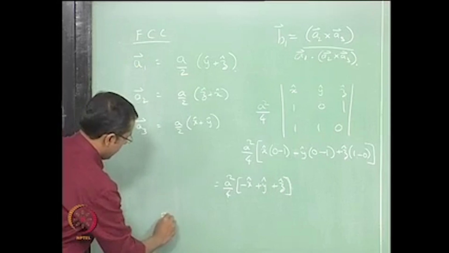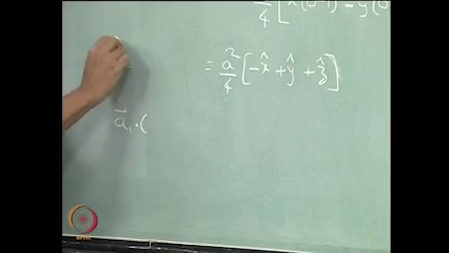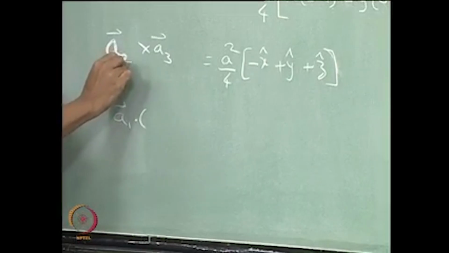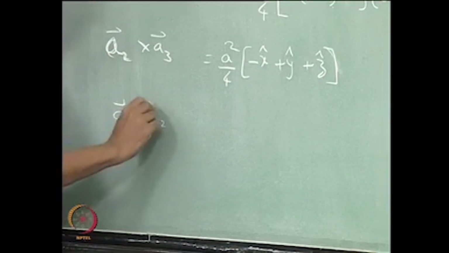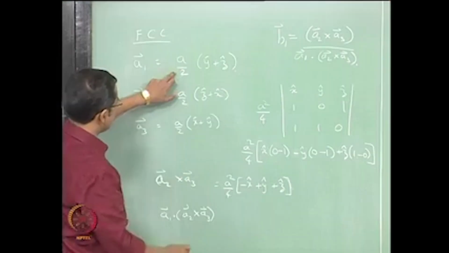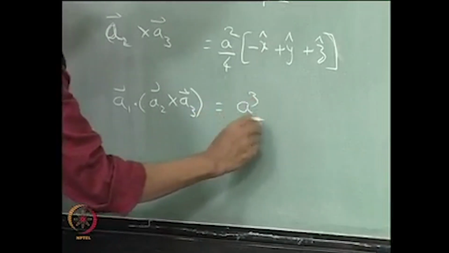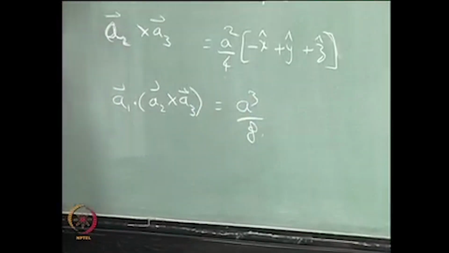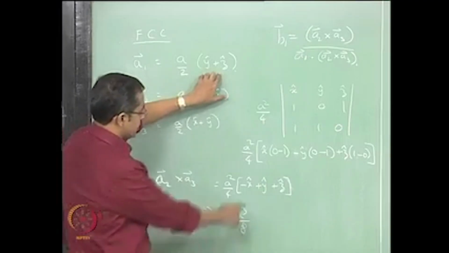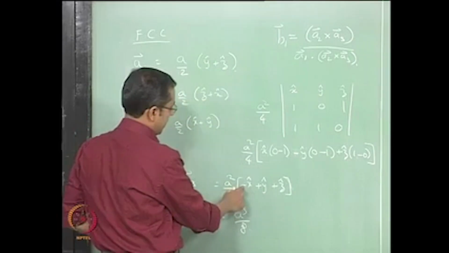So A1 dot A2 cross A3 will become A cube by 8, and then we have y plus z, so it is basically 0 1 1, and we have minus 1 1 1.